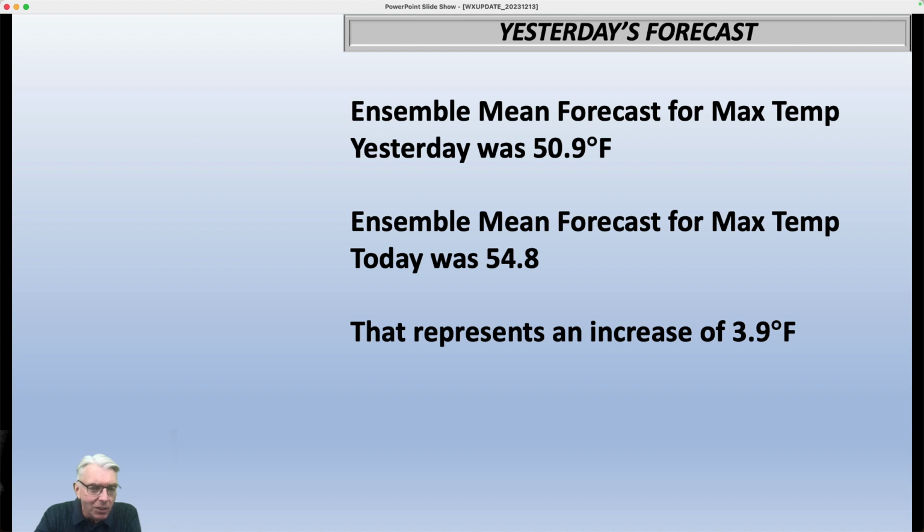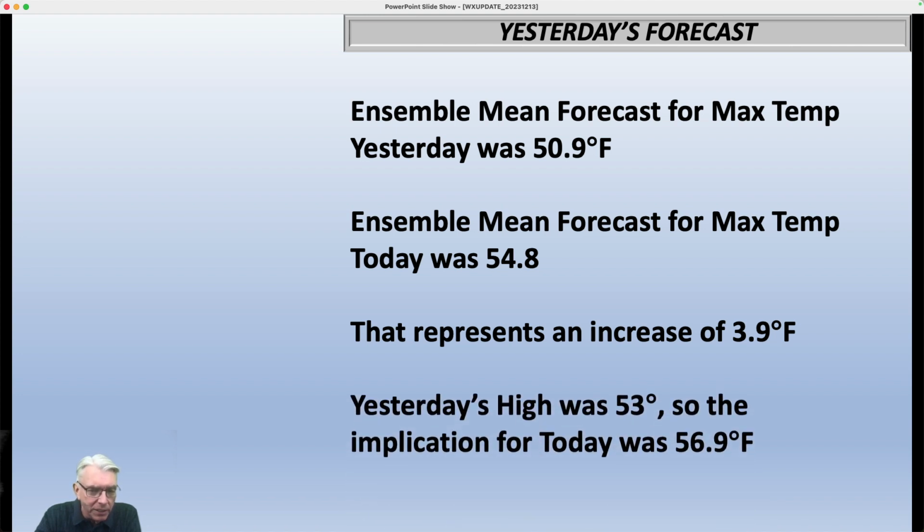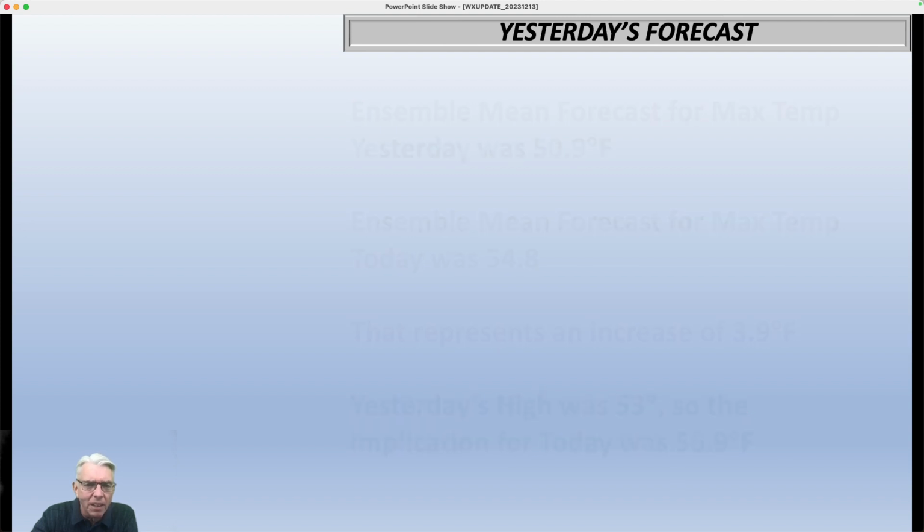That represents an increase of 3.9 degrees. Yesterday's high was 53, so the implication for today was 56.9. Okay, so I'm taking a look at not the actual raw numbers, but how much is that raw number changing from yesterday to today, and then applying that difference to whatever the high actually was yesterday. So that would have implied 56.9.